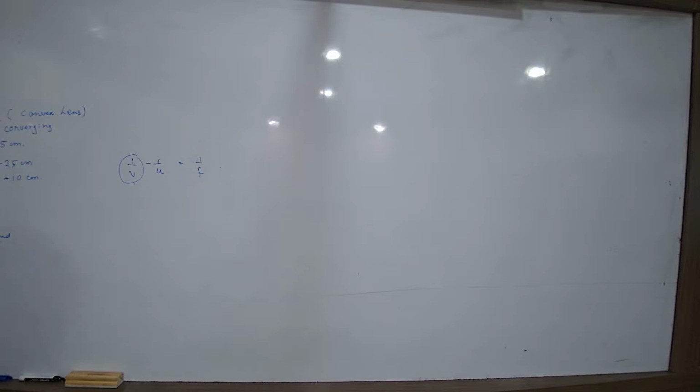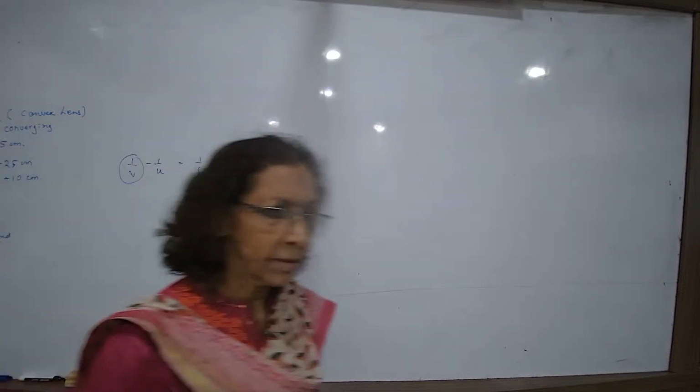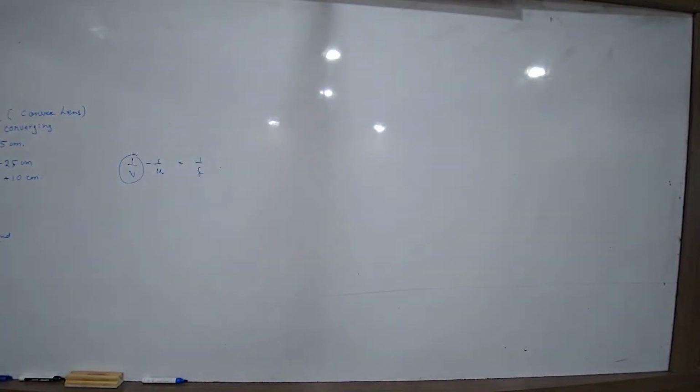Is that okay? Why don't you try to do it? Substitute the values and do it now. Come on. Write down the expression on the other side. Plus 1/U. So it does minus. Okay.